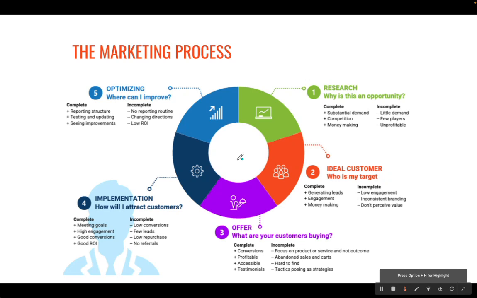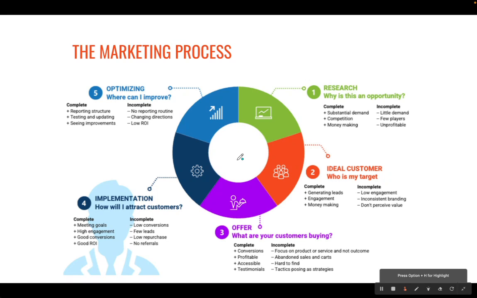You may need to go back to step number 1 and do some more research. Do not be afraid of spending more time in each of these areas. There's nothing wrong with that. This is where you want to spend at least 50% of your time getting this right, doing research and making sure that you've got your ideal customer.